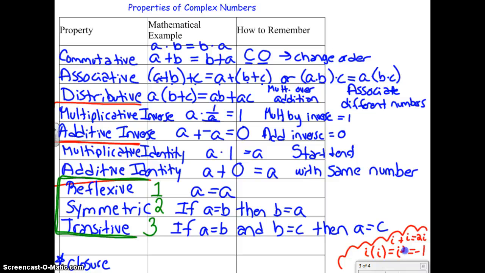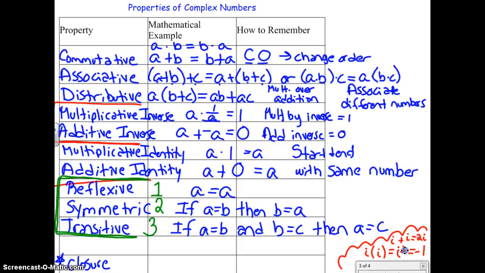So I could not say that imaginary numbers are closed underneath multiplication because I don't get another imaginary number when I multiply them together. I get a real number because I get -1. So closure means an operation within a number set remains in that number set when you guys get your answer. And that's not true necessarily for every single type of number in our complex number system, but for many it is.